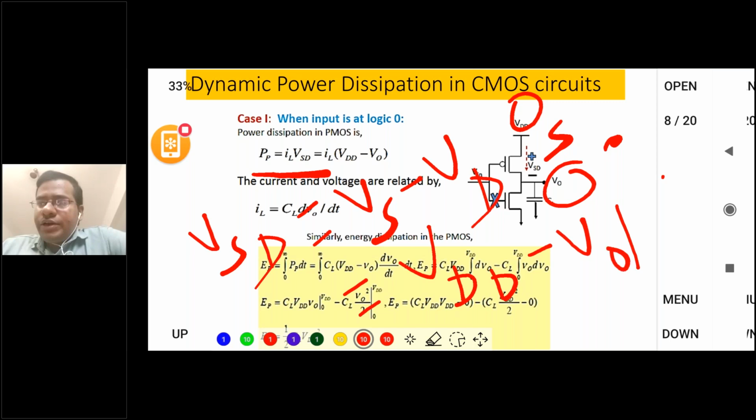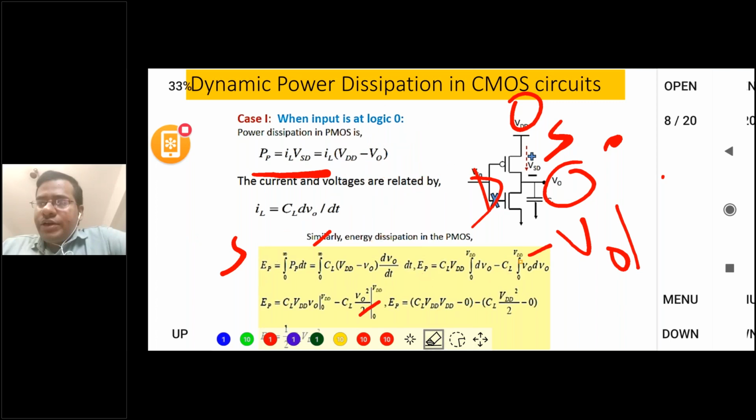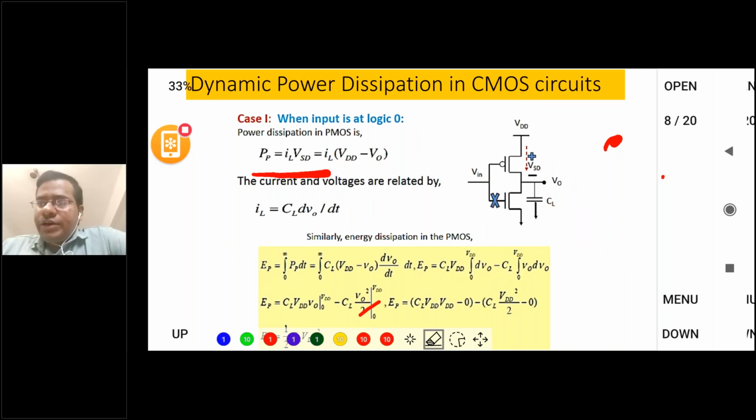That means your VSD potential is VDD minus V0, because the source voltage is VDD and the drain voltage is V0. This is the equation if your PMOS transistor is on.